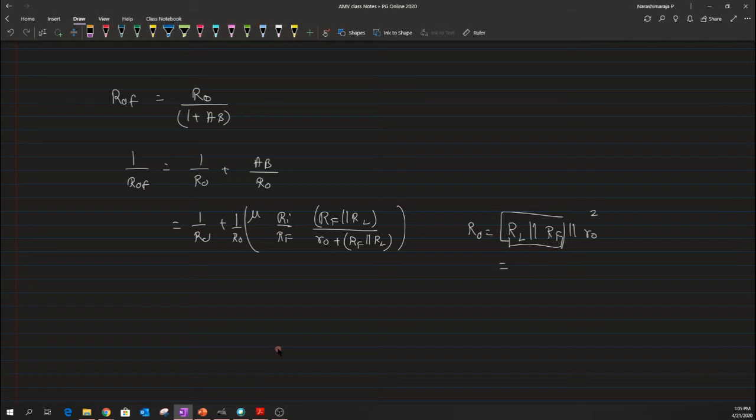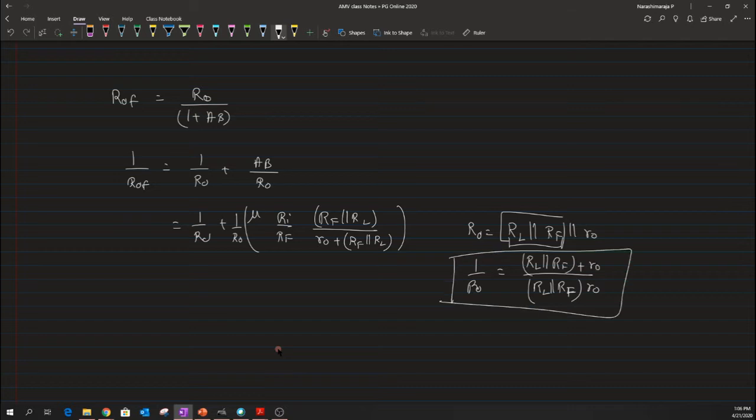I'll just write it in terms of 1 upon R naught form, so that I can directly use this result over here. So this is what I have for the place of this R naught.